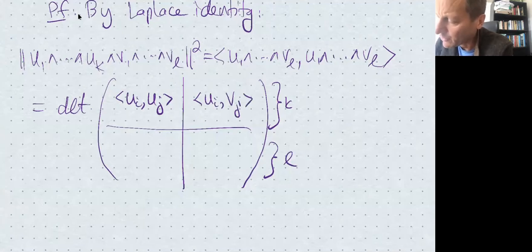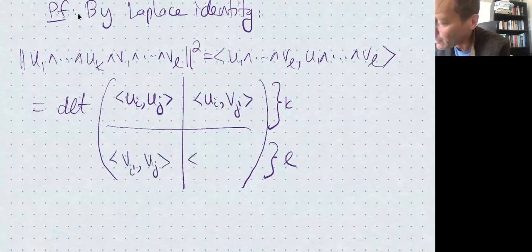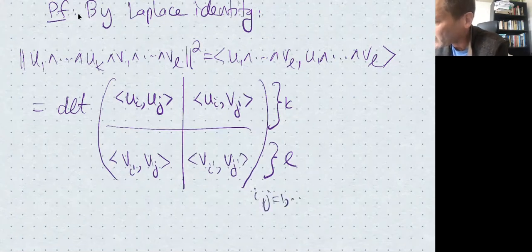Up here, we have the VI primes meeting the UJs. And here we have the VI primes meeting the VJ primes. And this is for I and J going from 1 to K, and I prime and J prime going from 1 to L.